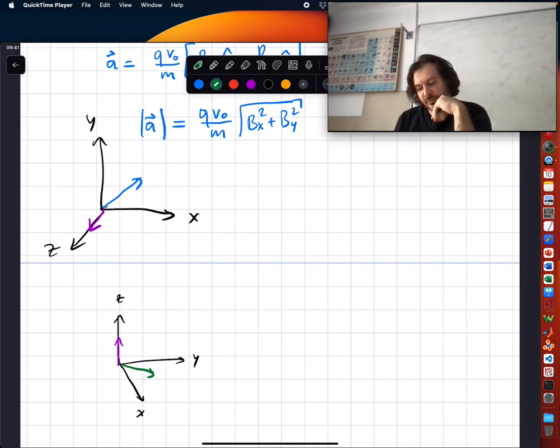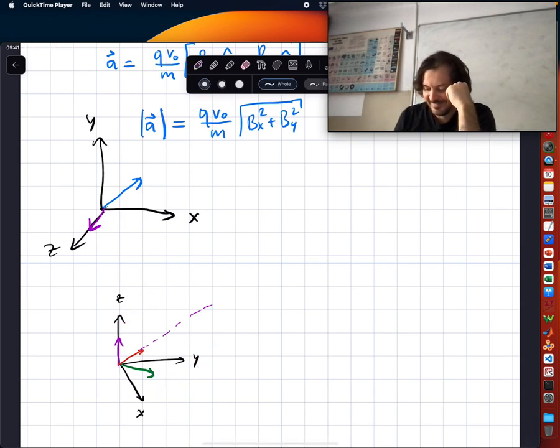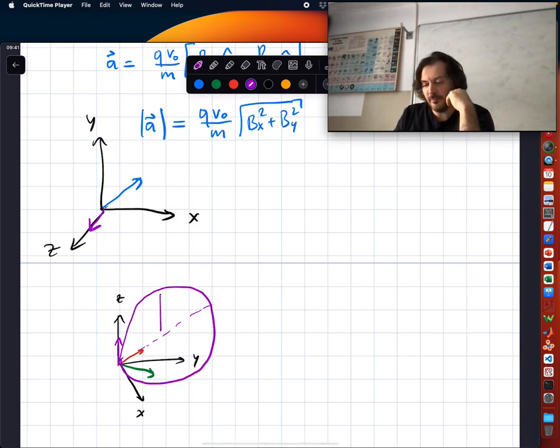If the charge is positive, v cross B is pointing this way, right? Did you follow so far? So it will make a circle in that direction. Do you see what I mean? It will rotate like so. Okay, and the maximum will be when it's R.